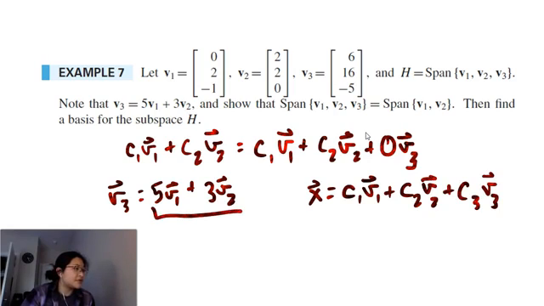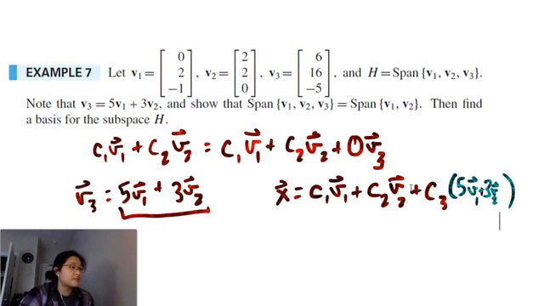But we also know that this is V3, so maybe we'll change colors so that we get that substitution in here of 5v1 plus 3v2. Oh, sorry, poor spacing. And so we just do a little algebra, and then we're good to go.